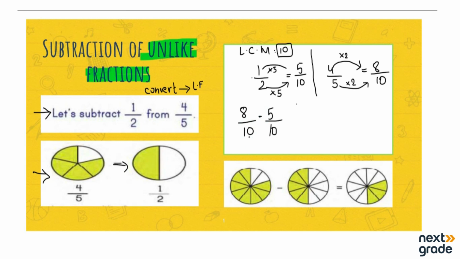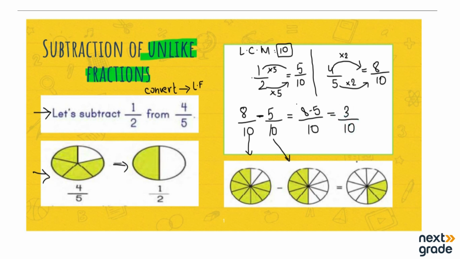Now you can see over here, ये आपके fractions की representation है. These are 10 total parts and 8 total parts are colored, and these are 10 total parts and 5 total parts are colored. So when we subtract both of these numbers, the answer is as follows: 8 minus 5 and it's 3 over 10.